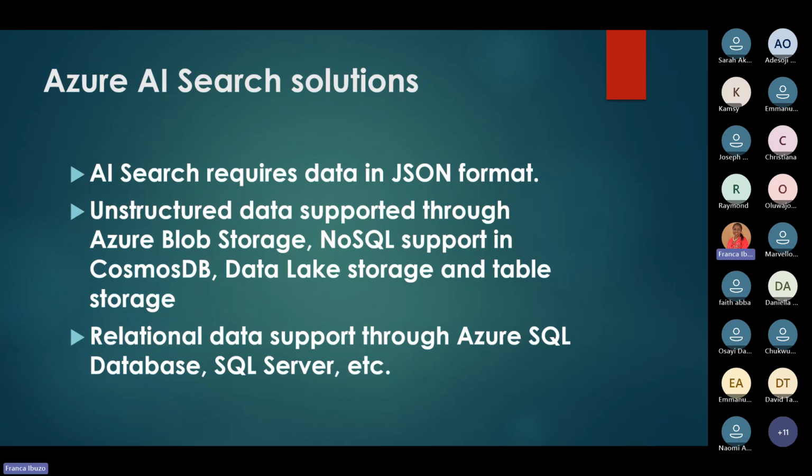These are different types of storage. Relational data is supported through Azure SQL Database, SQL Server, etc. So you have the unstructured data and you have the relational data, and you see the storages that support them.